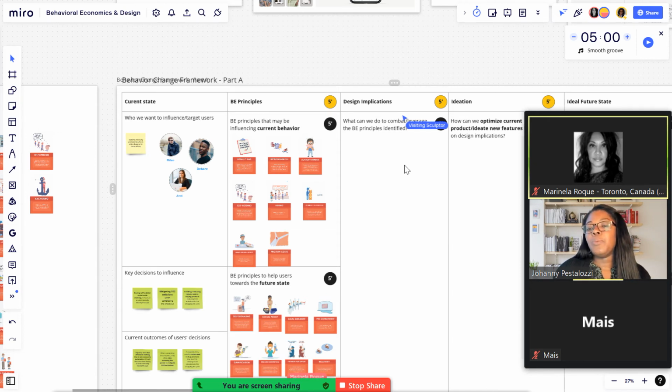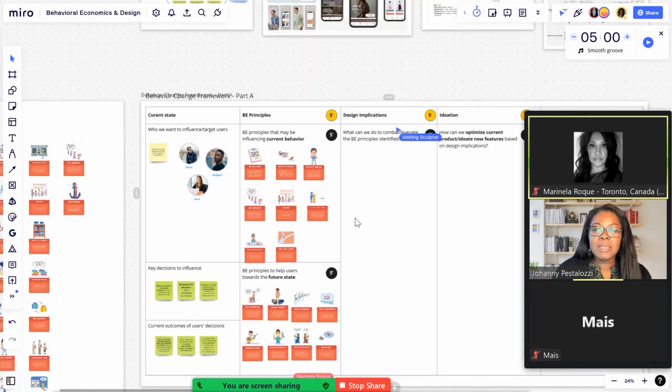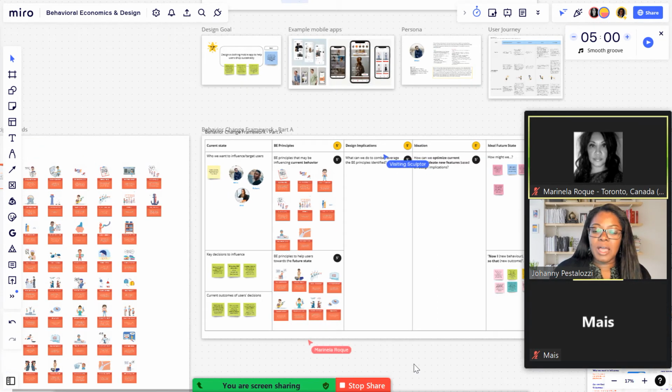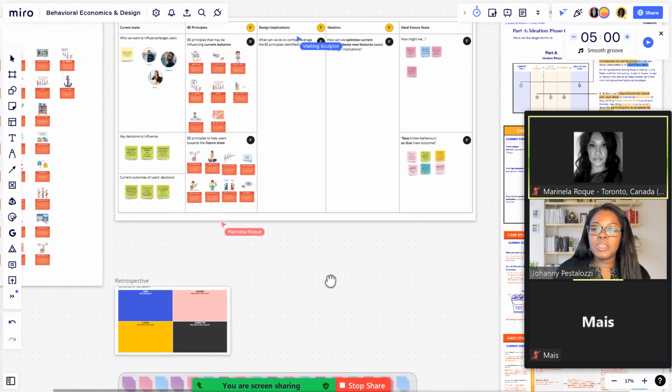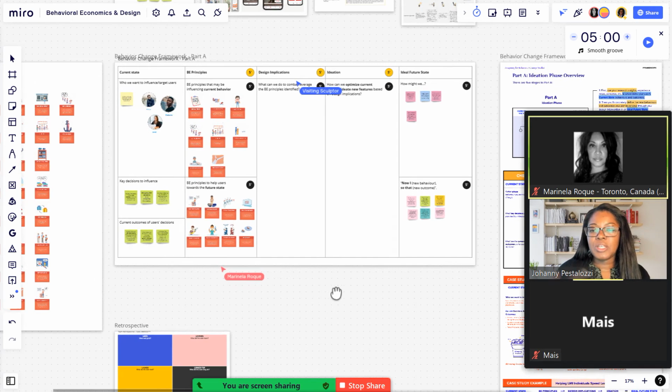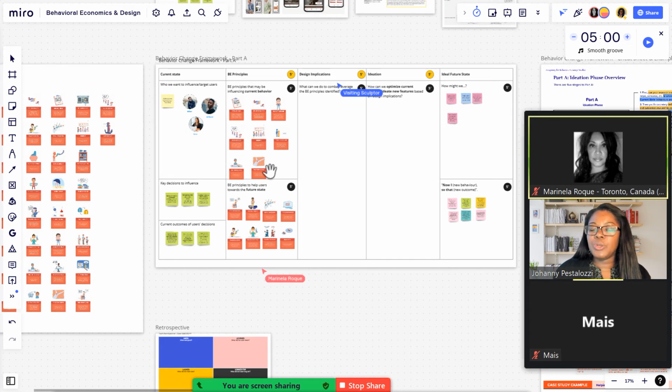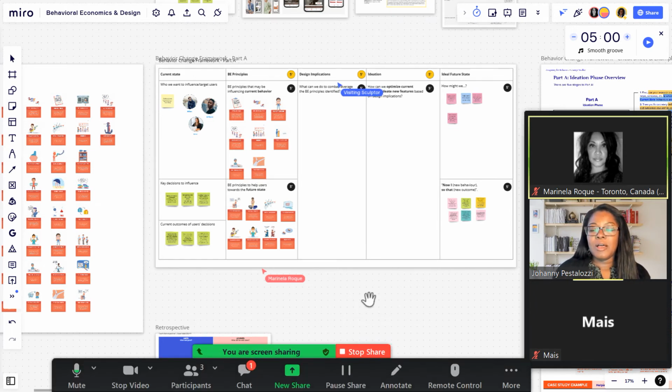So what can we do in an interface, as a rule or as a guideline, to help them be more sustainable? So let's make this as general as possible. Just do not think much if it's right or wrong. Just try to think how you could leverage those principles to create a design rule to make a sustainable app more appealing for users. So let's spend 5 minutes on this, and then we can wrap up in the group.